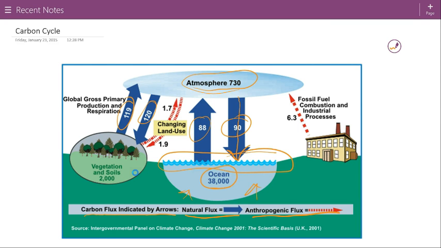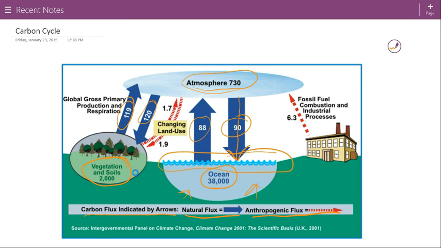So again, very, very similar, almost level. And then again, just like in the ocean, we have this reserve of carbon that is in the vegetation and the soil. The trees have to come from somewhere, and a lot of the material that makes up tree trunks and things like that, even blades of grass, is carbon.